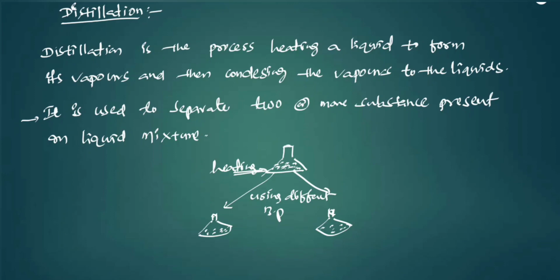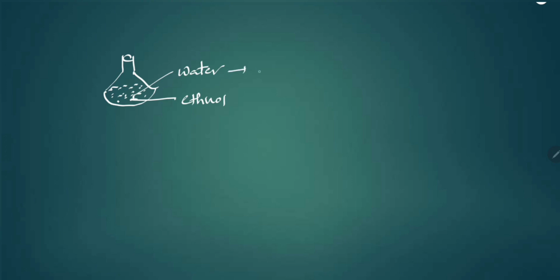So I am taking one example for this. If I take a liquid mixture containing water and ethanol, the water boiling point is 100 degrees Celsius and the ethanol boiling point is approximately 78 degrees Celsius.